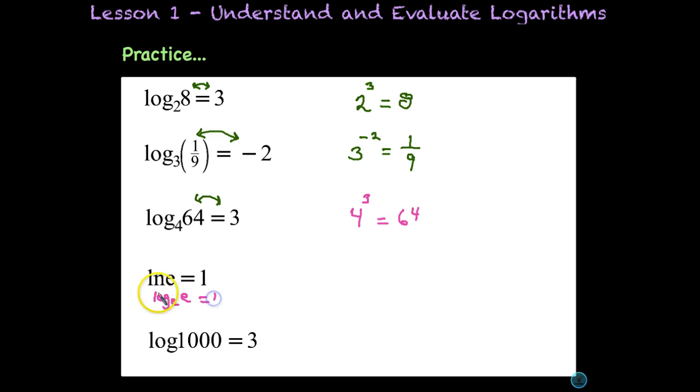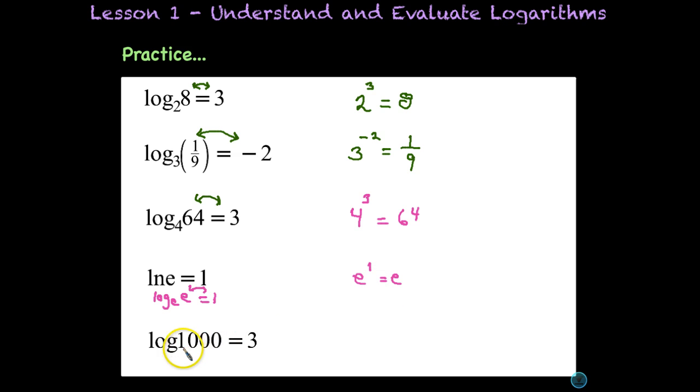So we have log base e, e equals 1. If we follow our rules, we keep our same base e, and then we switch the e and the 1. So e to the 1 power is equal to e, which we know to be true. Anything to the first power equals itself.